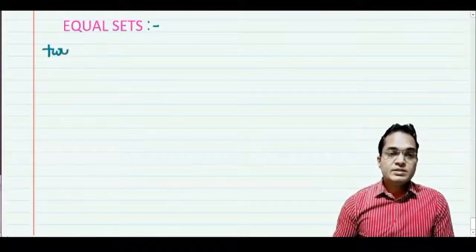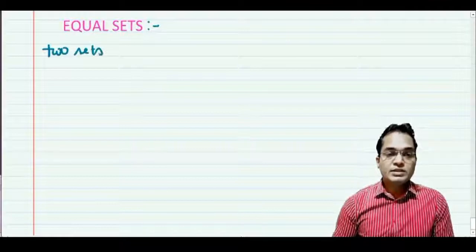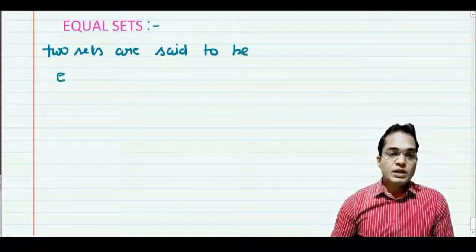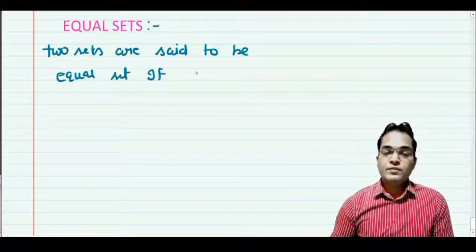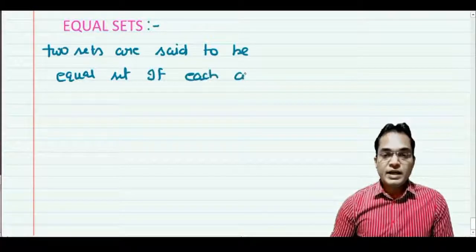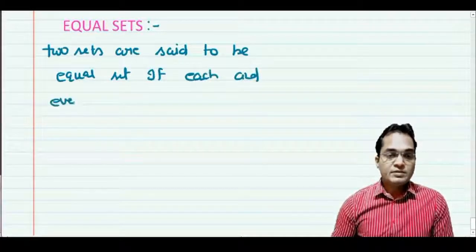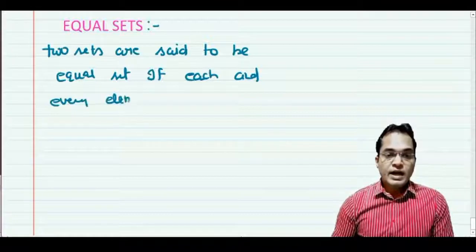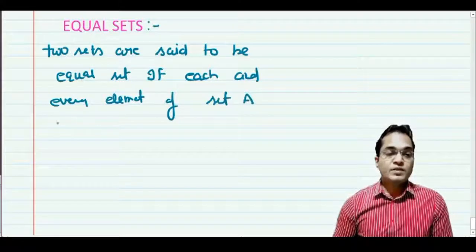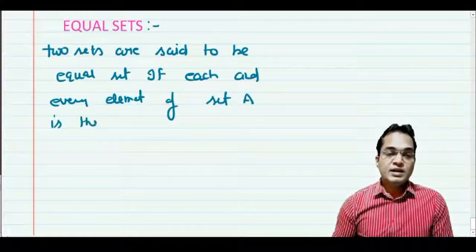Two sets are said to be equal sets if each and every element of set A is an element of set B.